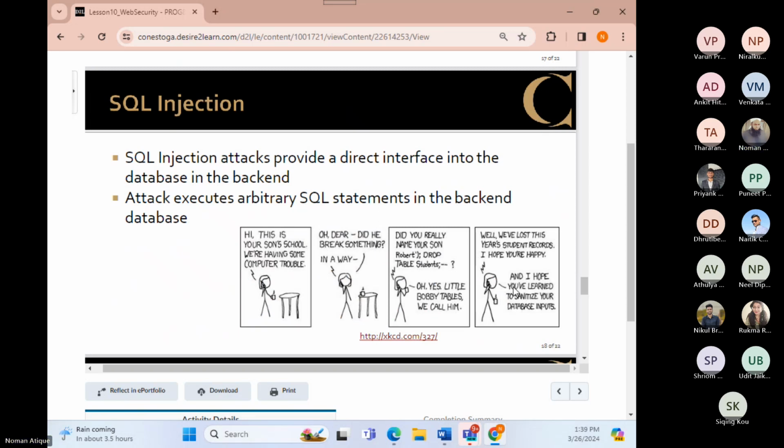SQL injection. That's quite interesting. SQL injection attacks provide a direct interface into the database in the backend. It gives you direct interaction with the database, and you know how scary it is if someone gets access to my database. They can execute arbitrary SQL statements in the backend database, so they will run SQL statements and try to take out my data.